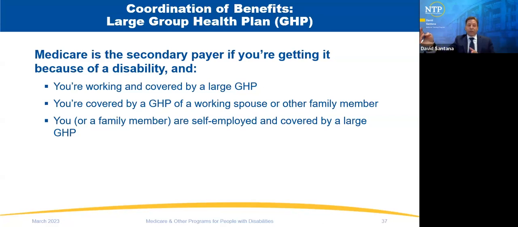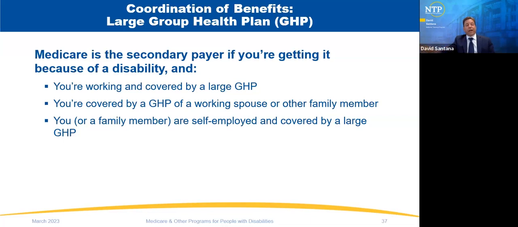But if that employer plan goes below 100, then that family member would have a special enrollment period that begins when the plan dropped in size under 100, to enroll in Medicare.